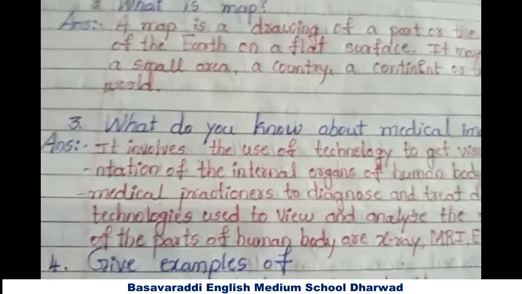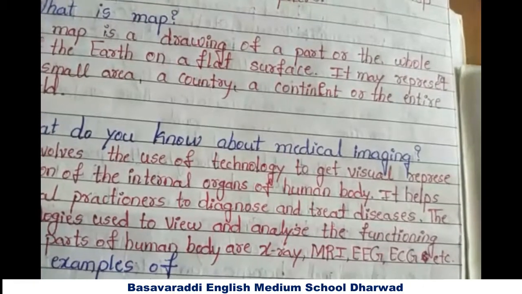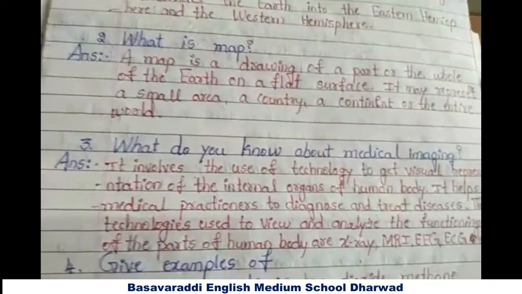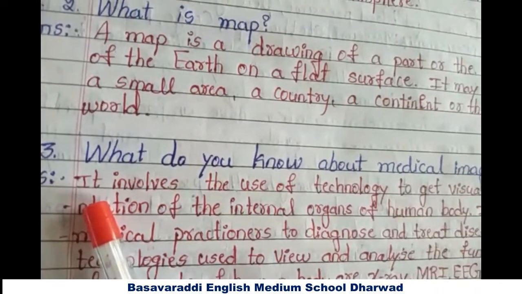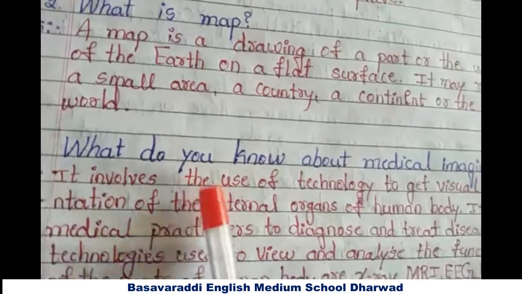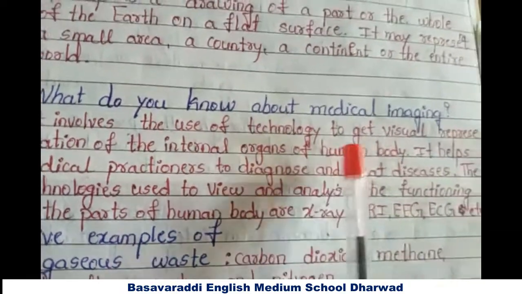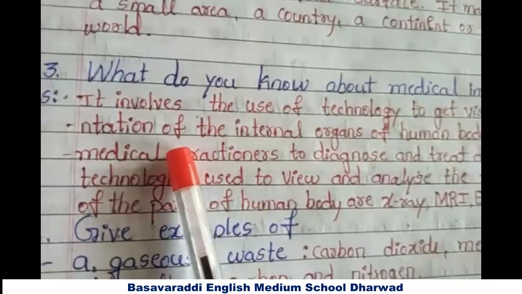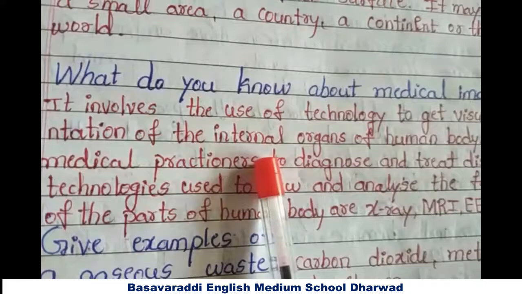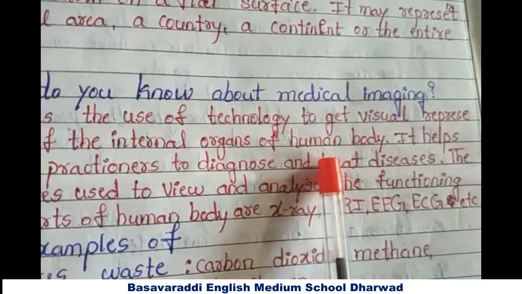Third question. What do you know about medical imaging? Medical imaging involves the use of technology to get a visual representation of the internal organs of the human body.